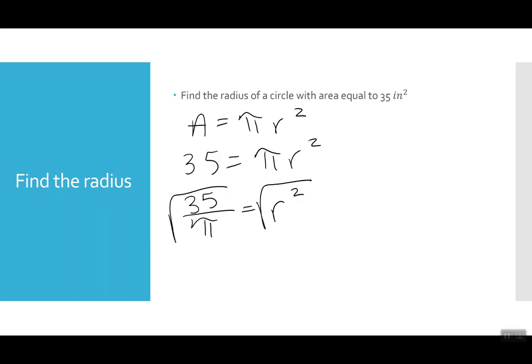You're taking the square root of 35 over pi, so you may need to put parentheses around the 35 divided by pi in your calculator. This says that I have 3.338, and remember it's inches, so this is my radius.